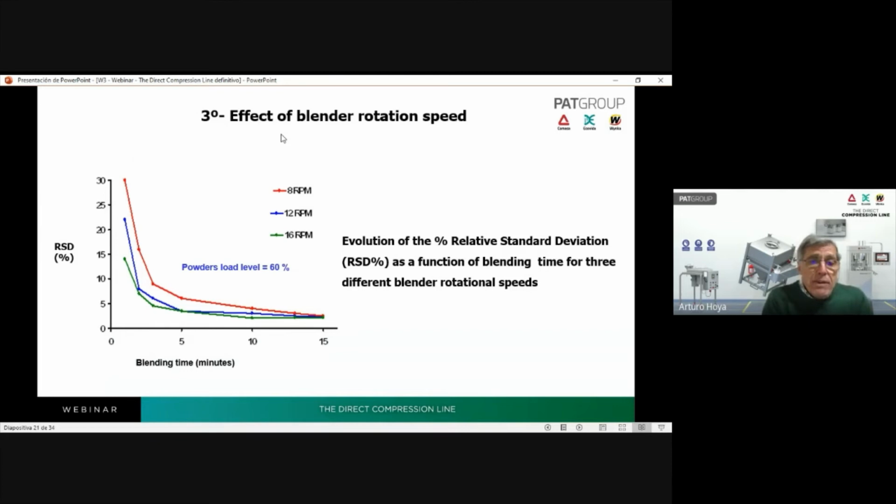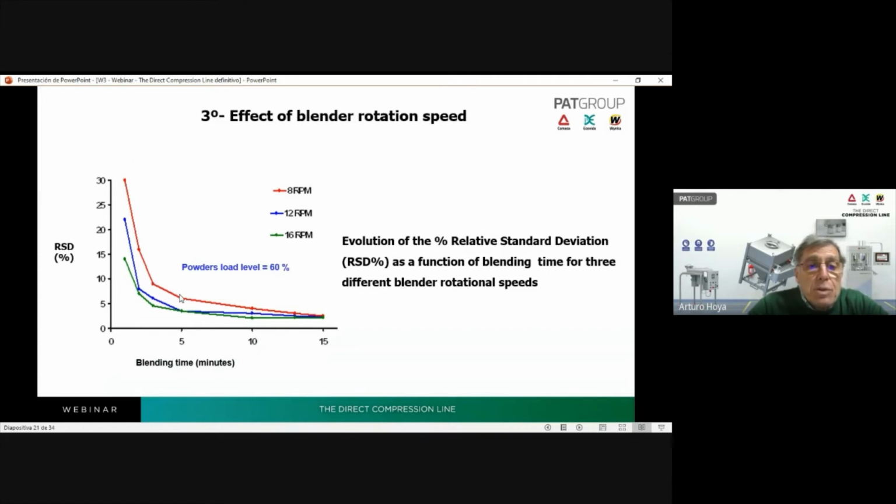The same graph in this case shows that when the powder load level is 60%, but the speed of rotation of the container is different, the uniformity is reached at different times. Let's see. If you configure the setup at 8 RPM, this is the evolution of the dispersion.